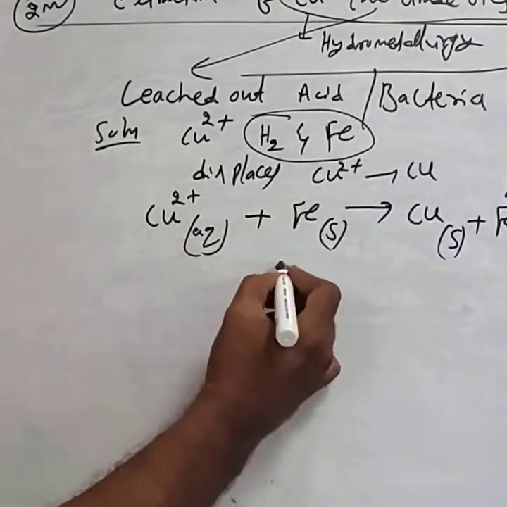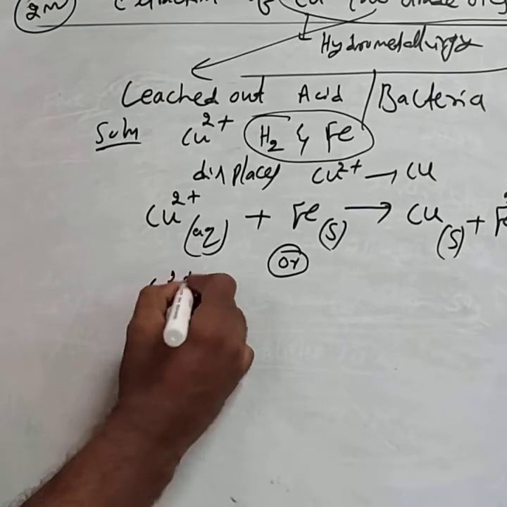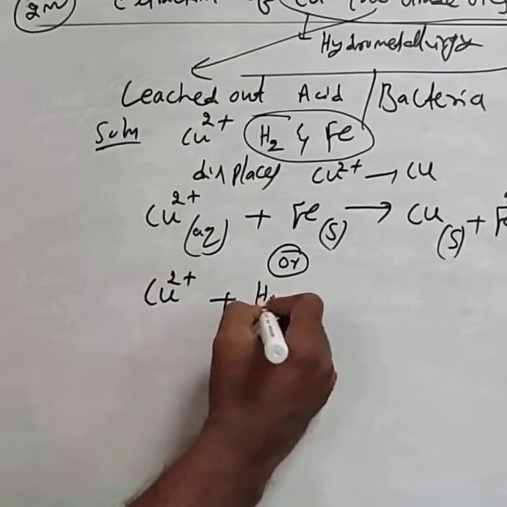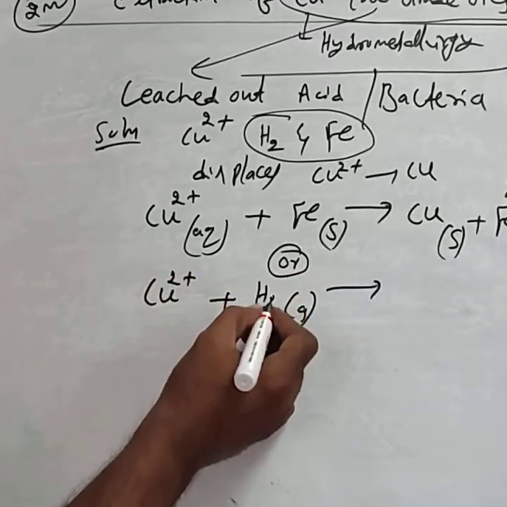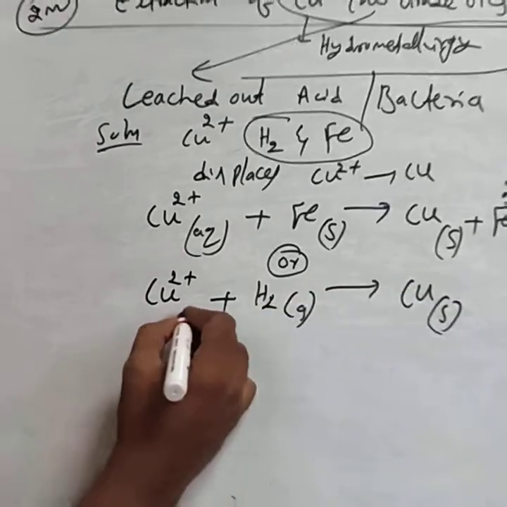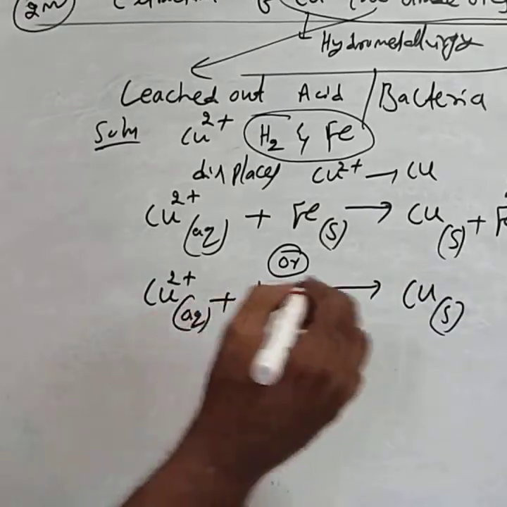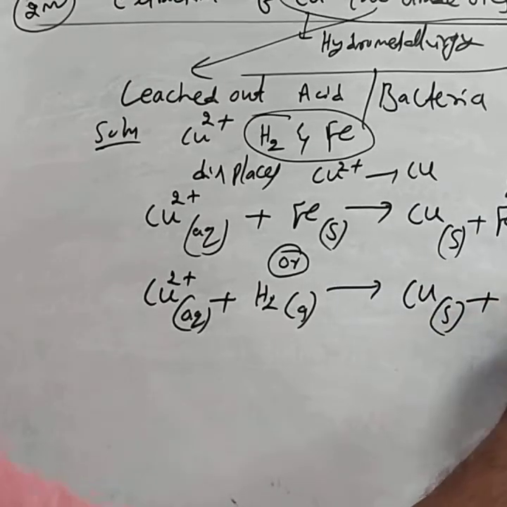You can write either in terms of iron or in terms of hydrogen. With H2 gas, hydrogen displaces Cu2+ aqueous to Cu solid, and H2 gets converted into 2H+ aqueous.